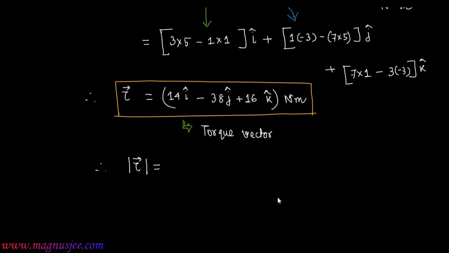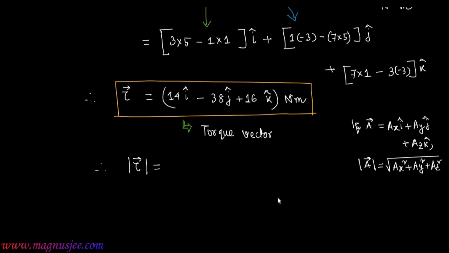Now modulus of vector tau, or mod of vector tau, is equal to: we know that if vector A is equal to ax i cap plus ay j cap plus az k cap, where ax, ay, az are the rectangular components of vector A, then mod vector A will be equal to root over ax square plus ay square plus az square.